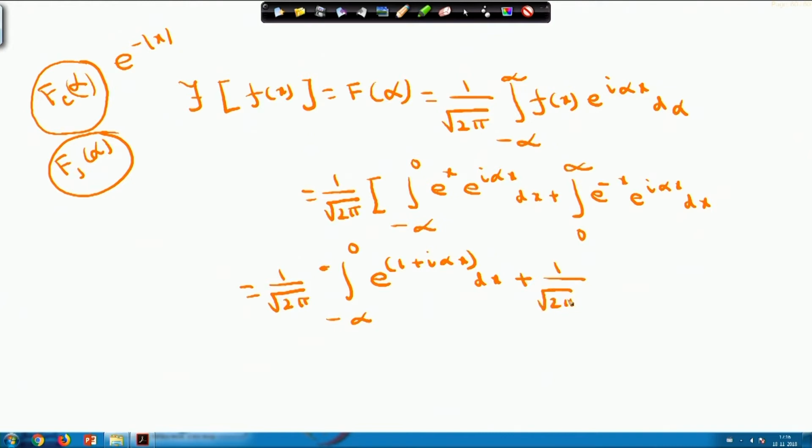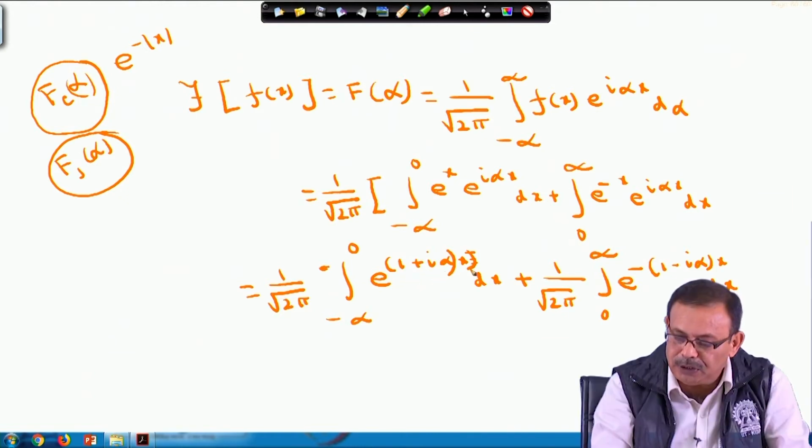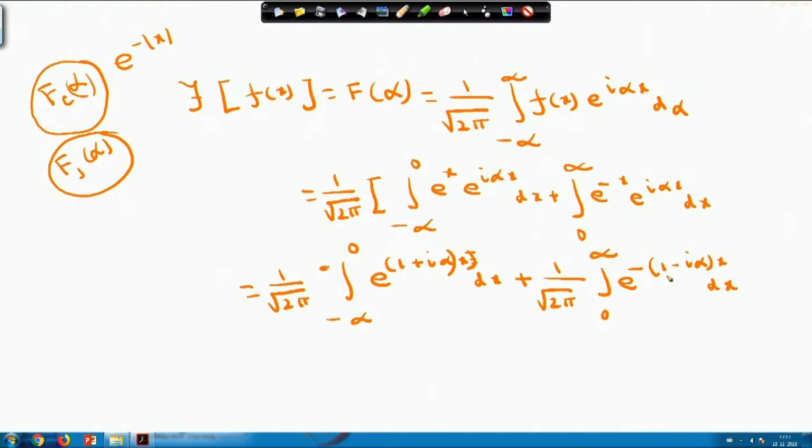I am just separating both the integrals, 0 to infinity e power minus 1 minus I alpha into x into dx. Here also the bracket will come over here, not here, please note, because x plus I alpha x. So, it will be e power 1 plus I alpha into x, and here e power minus 1 minus I alpha into x.